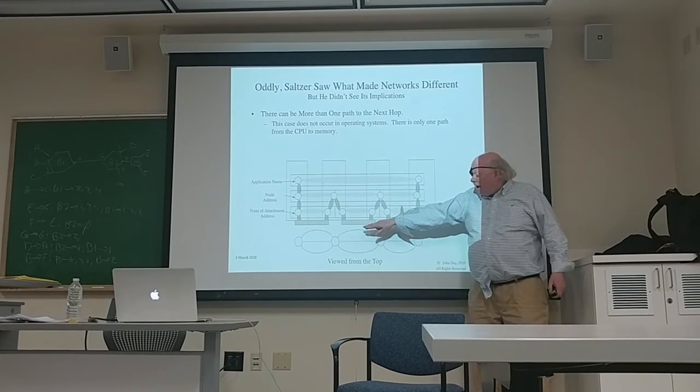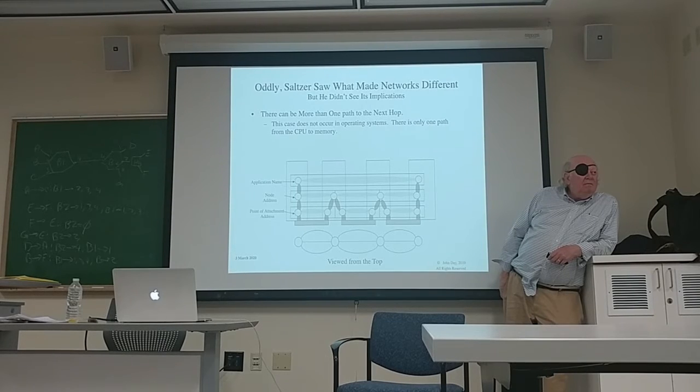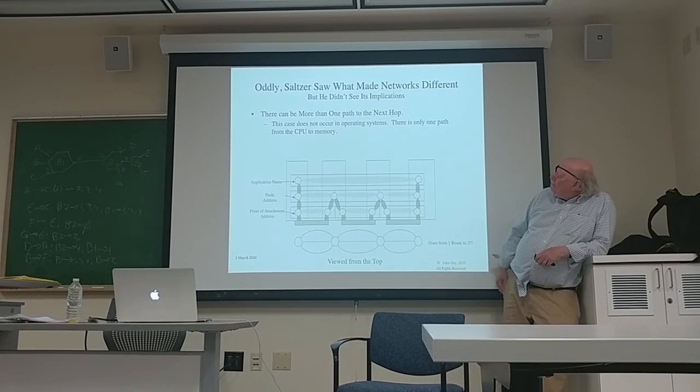At every hop, I have a choice of 3. You take 3 things, 3 at a time, you get 27. I see. Okay? And of course, this doesn't happen in operating systems, but it happens in networks.